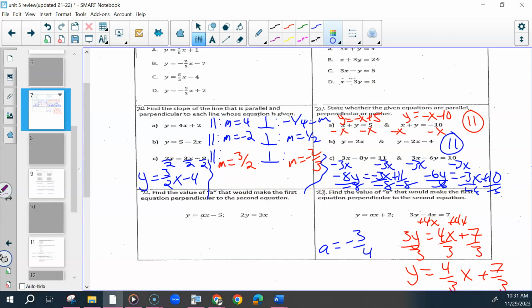So this one would be y equals 3/8 x minus 11/8. And this one would be y equals 1/2 x minus 5/3. Parallel, perpendicular, or neither? Neither. The slopes have nothing to do with each other. They're not the same. They're not negative reciprocals. Neither.